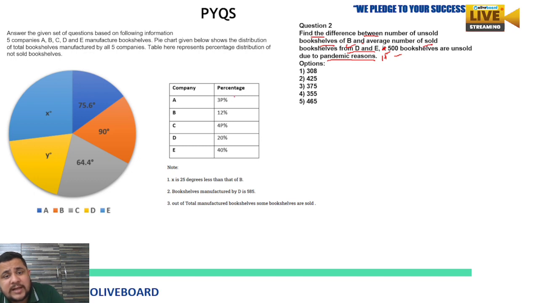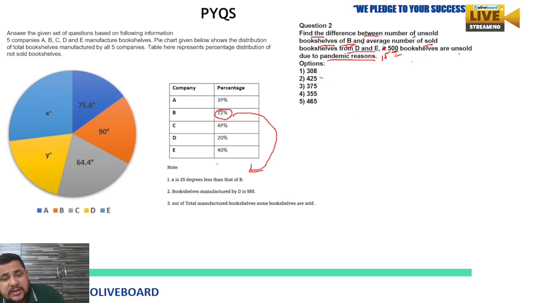So now what are they asking? They are asking the difference between the number of unsold books by B. The number of unsold books is not given to us directly, but they have given us one thing: 500 bookshelves are unsold due to pandemic reasons.